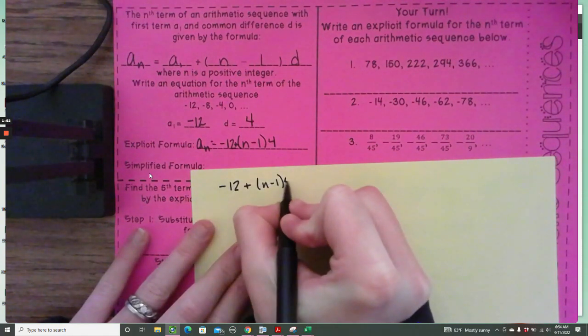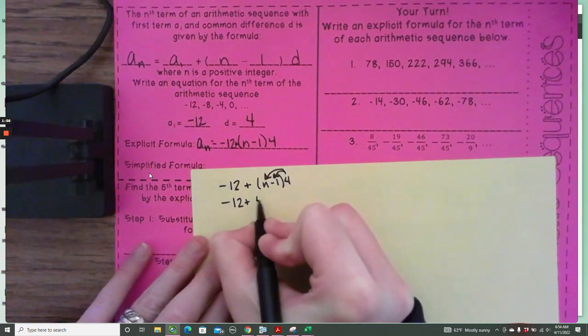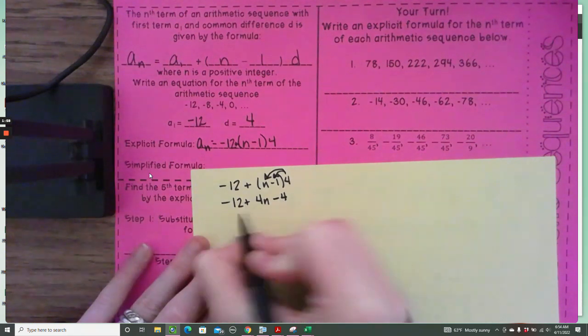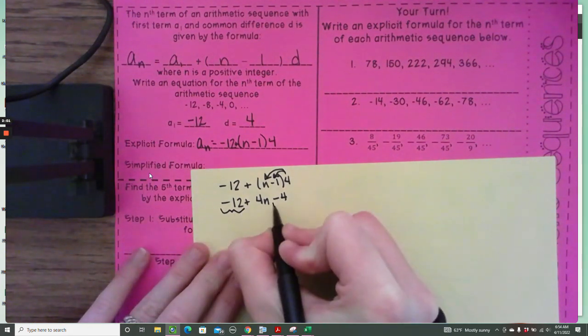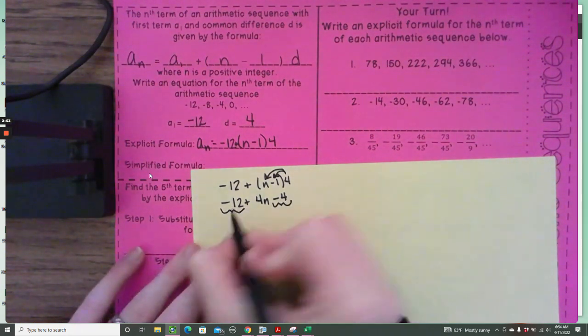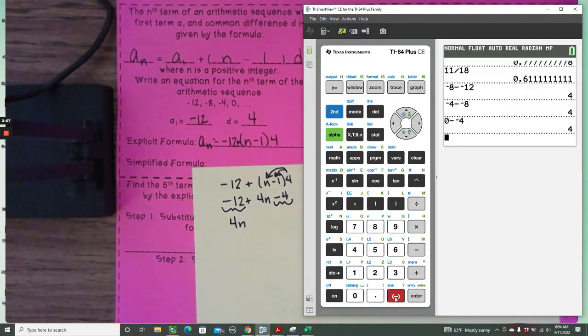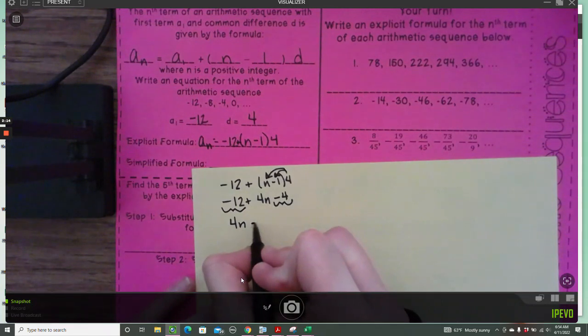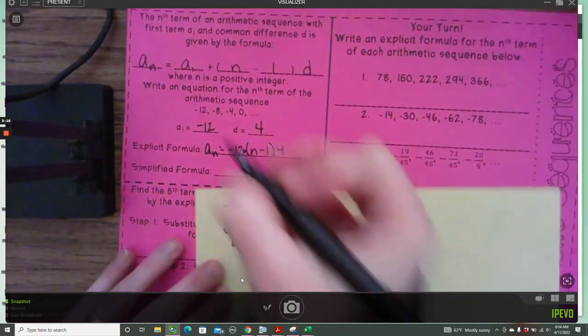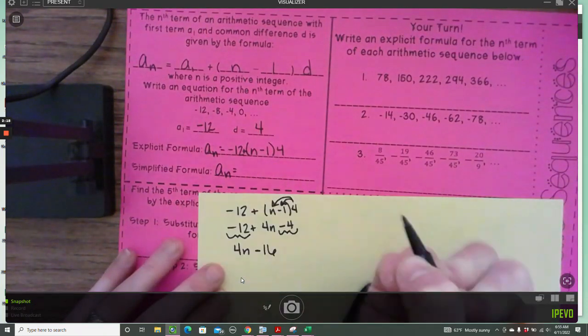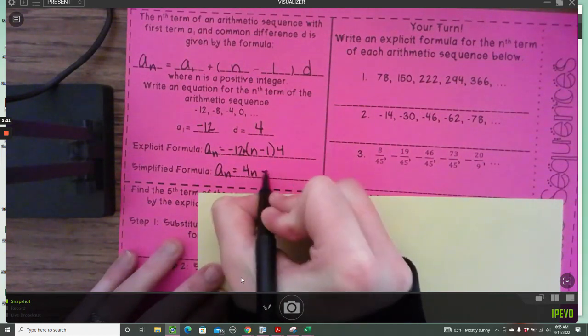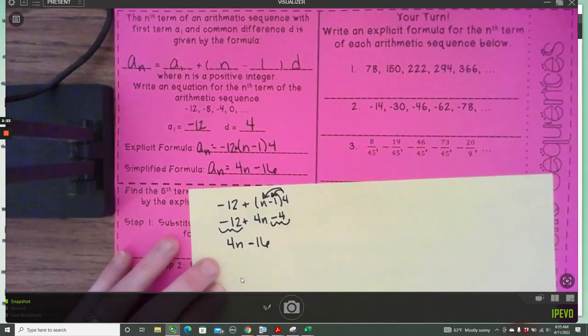The first thing I'm going to do is distribute this 4 out. So I've got negative 12 plus 4n minus 4, and then I'm going to combine these two like terms. So I'm going to have 4n, and then negative 12 plus a negative 4 is going to give me negative 16, so I can just write that as minus 16. So simplified, this formula would be a_n equals 4n minus 16.